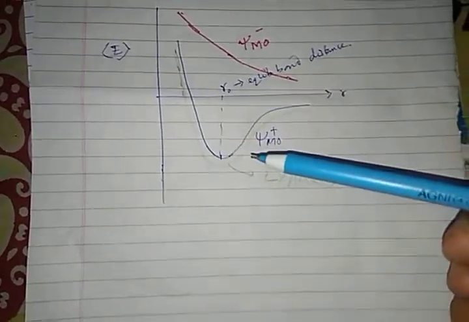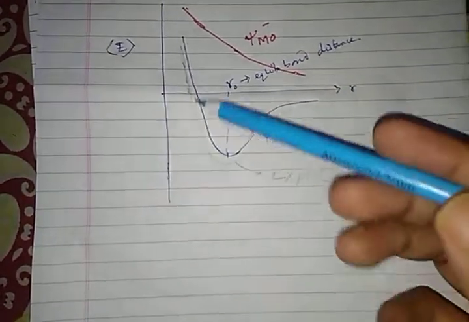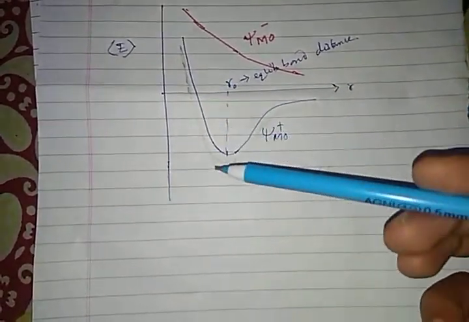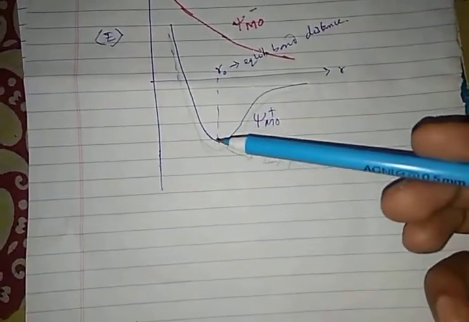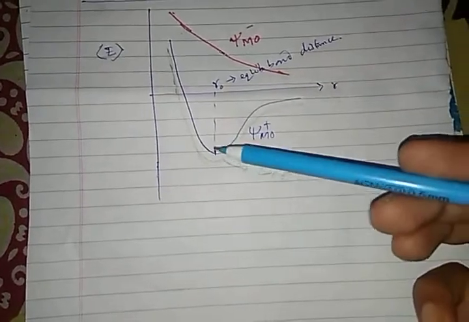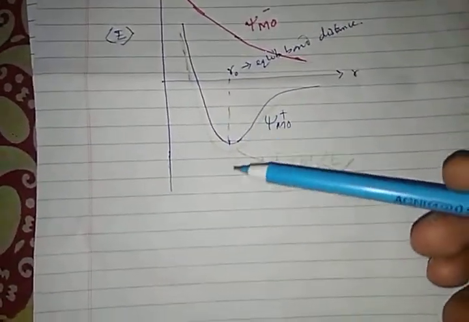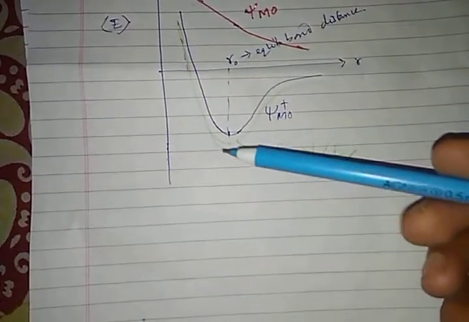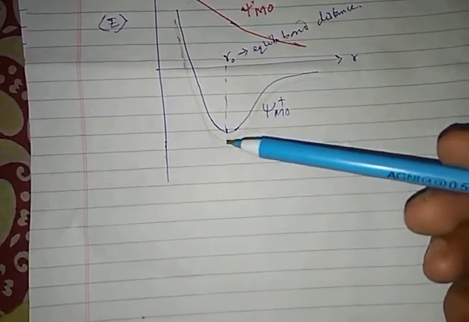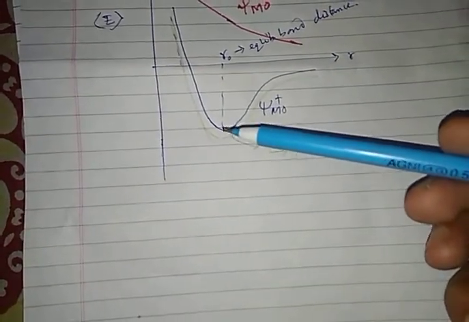This is all we have noticed with the combination which we considered. But if you look at the experimental curve, what will happen? The experimental line always has lower energy than the combination we have considered for psi MO plus. This can be achieved with a proper method of approximation.